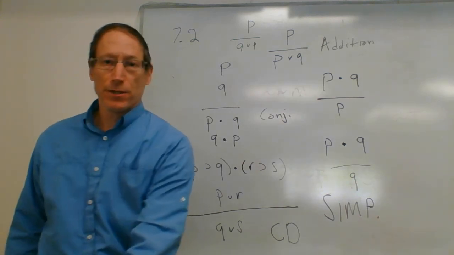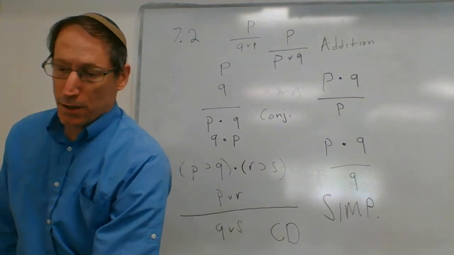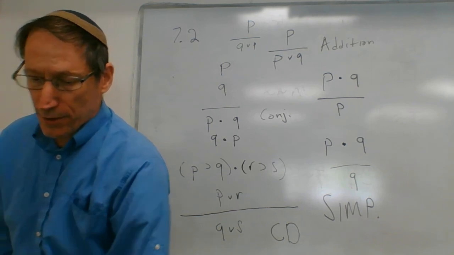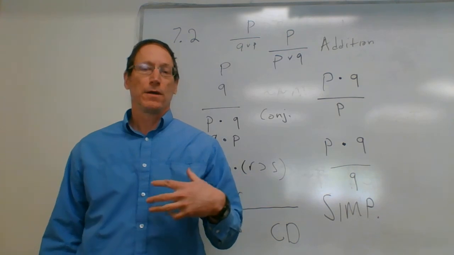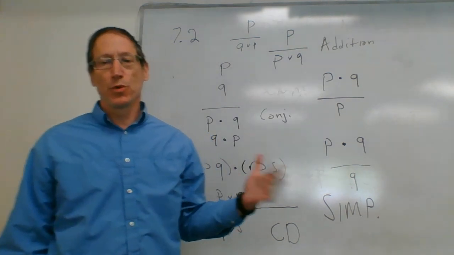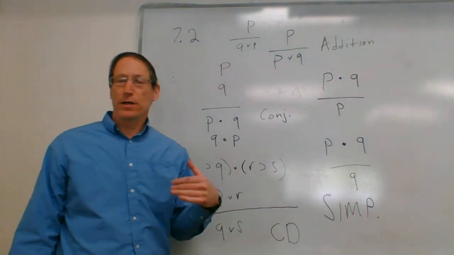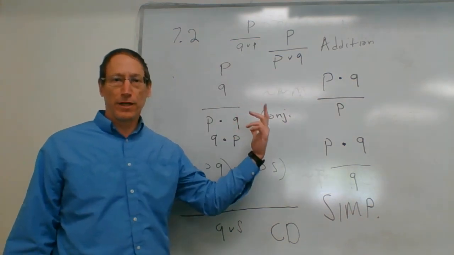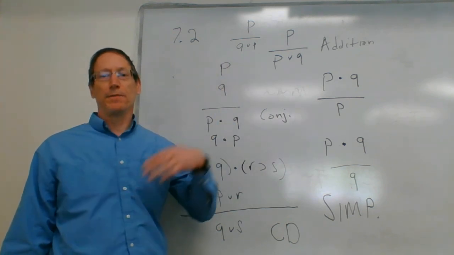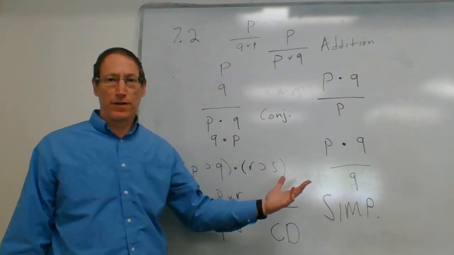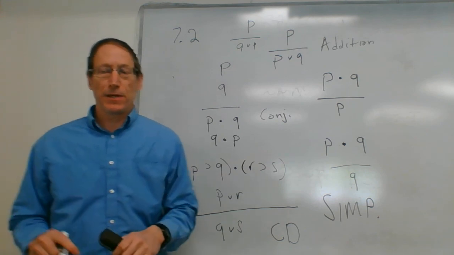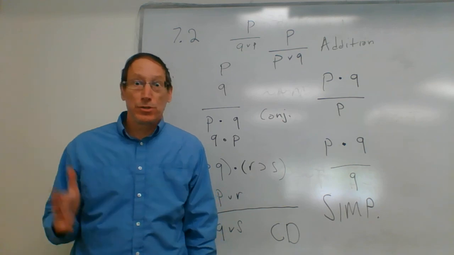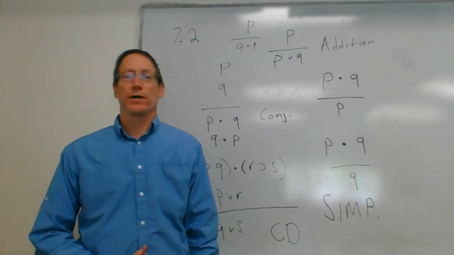And then the exercises are going to be similar to what you had before. You're going to learn how to use the rules correctly, and then you're going to learn how to do proofs using not only the 4 rules we learned already, but also incorporating these rules. Now, I want to explain that as the chapter goes on, you're allowed to use all of the rules that you've been learning till then.